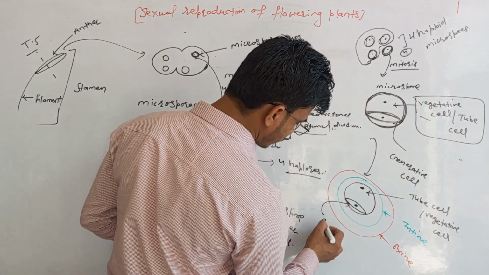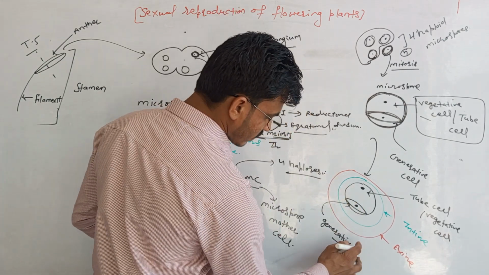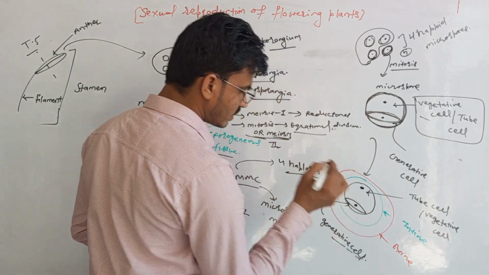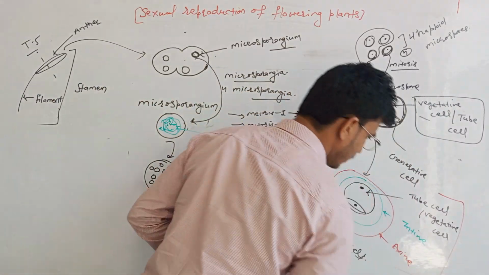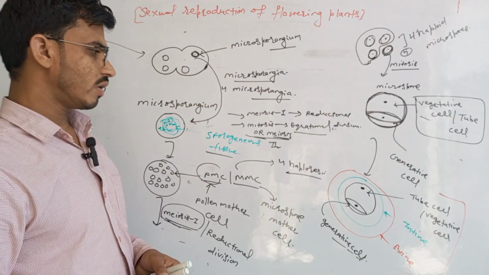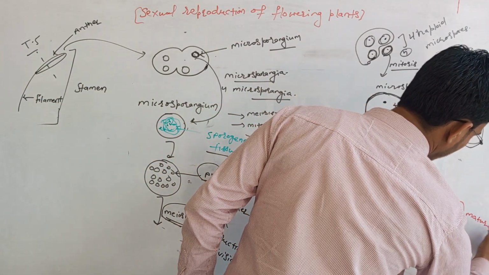This one is the generative cell. Now this is known as the complete mature pollen, or you can say the mature microspore.